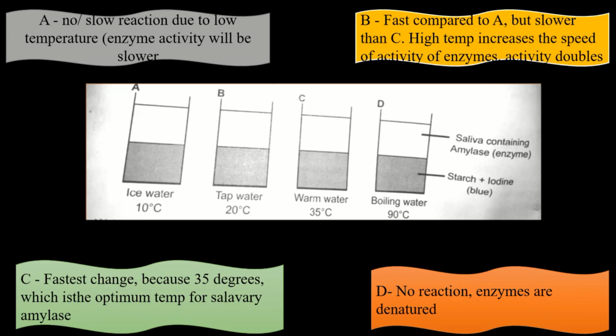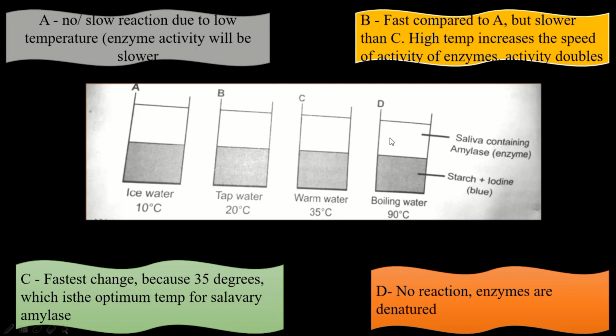So yes, it's true that enzymes are sensitive to temperature. The second objective was to see whether it is true that when you subject enzymes to a very high temperature, they will be denatured. We are seeing that in test tube D.